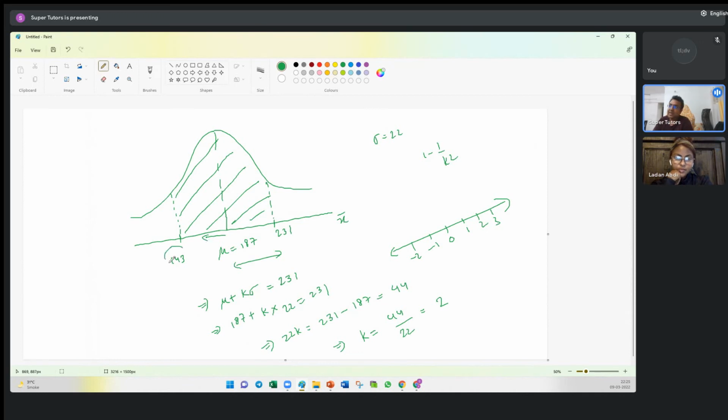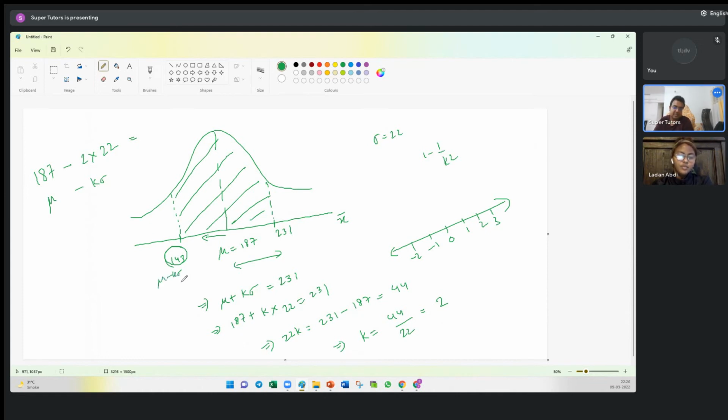So we need to verify for 143 also. Yes. So 187, which is mu minus 2 times sigma, should give me 143. I'm just verifying whether k is actually 2 or not. So the k we just found is nothing but mu minus k times sigma.